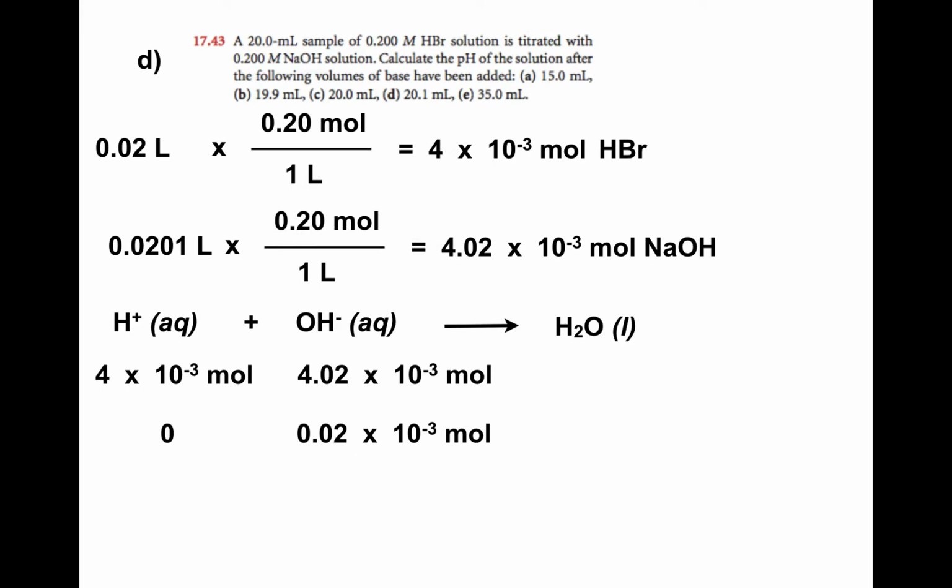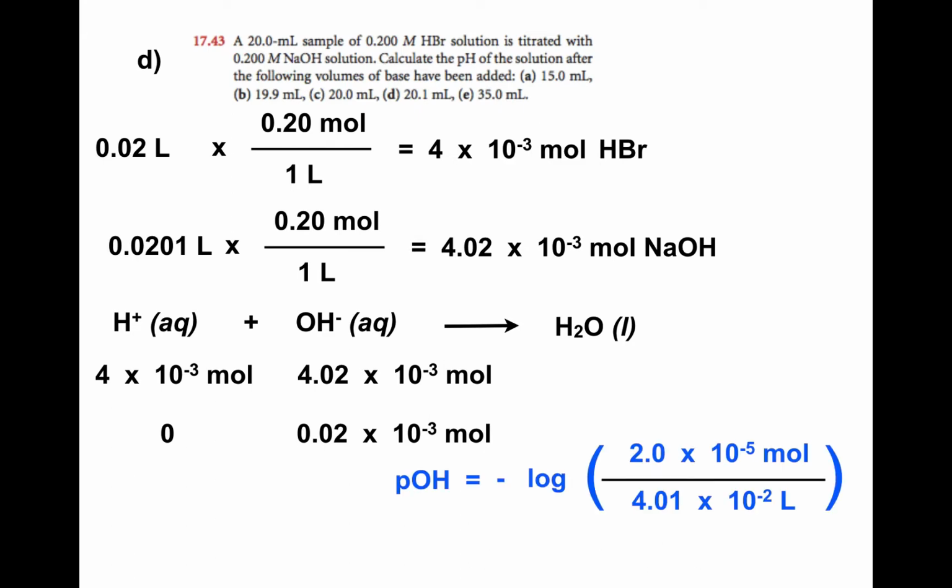That burns up 4 times 10 to the minus 3 moles of hydroxide. This is how many moles of hydroxide are left. Divide by the total volume, so 20 milliliters plus 20.1 milliliters gives you 0.0401 liters. You divide that into moles, you get the pOH, and then subtract from 14 to get the pH.